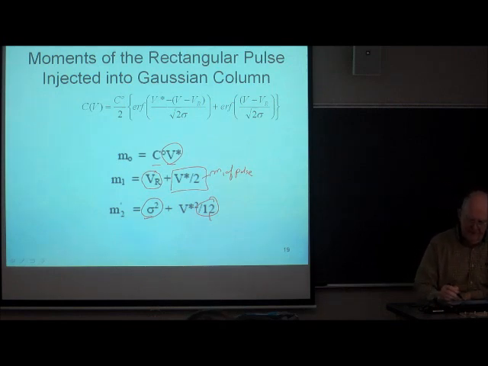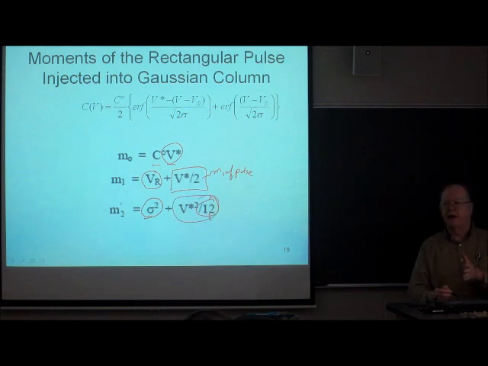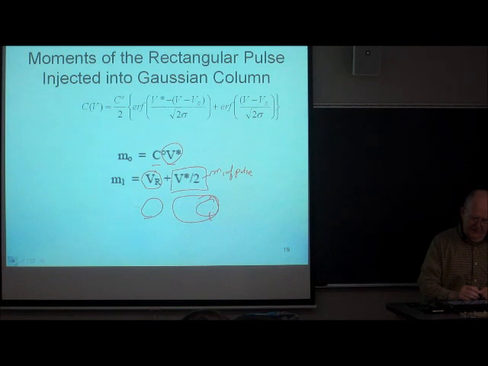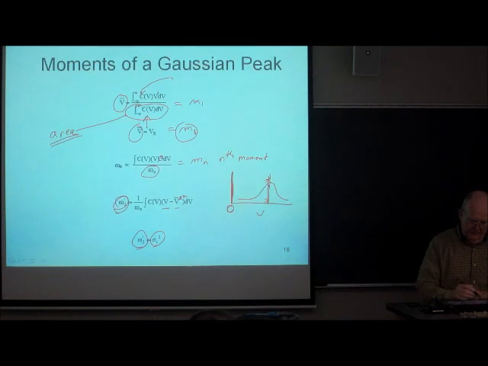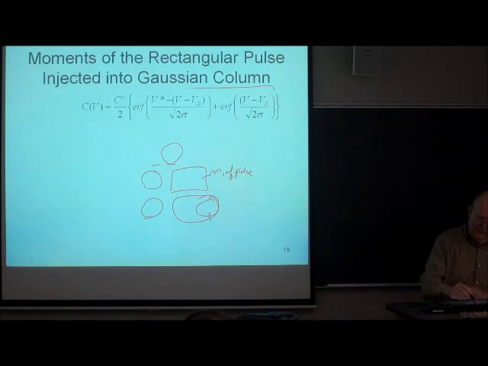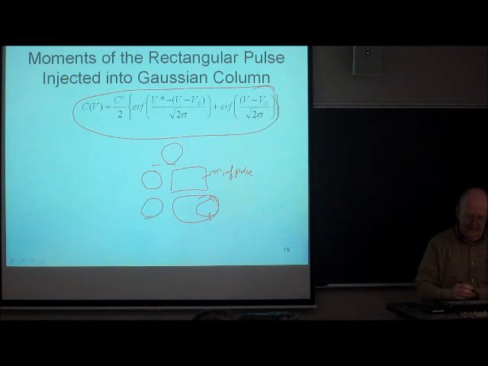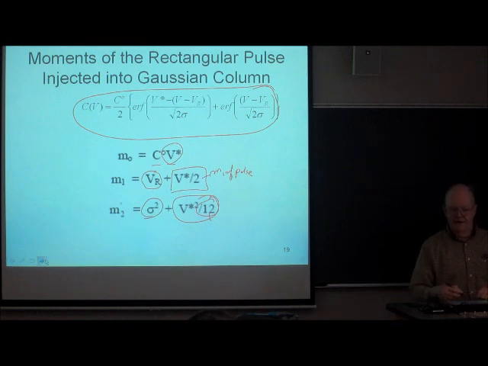If you make sigma squared negligible compared to V star, then the width is totally dominated by the width that you inject. And you don't have to worry about that ugly mess. The moments are much easier to deal with than is the actual mathematical solution of the problem.